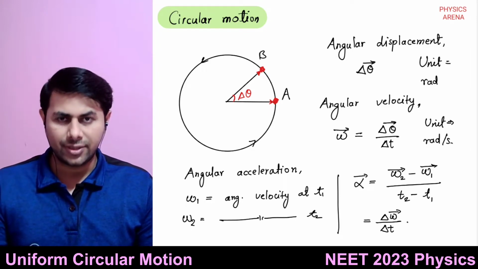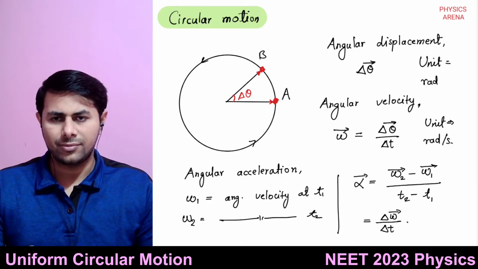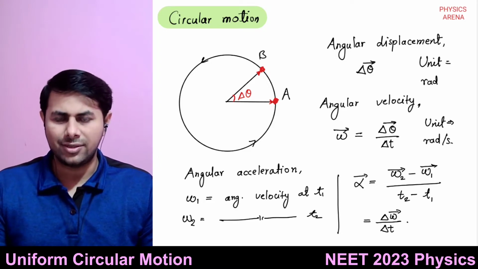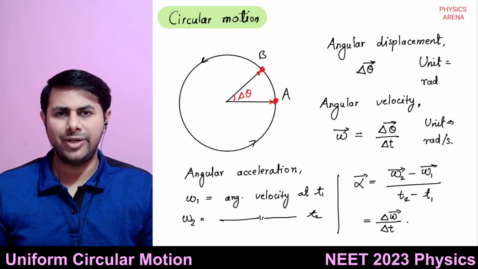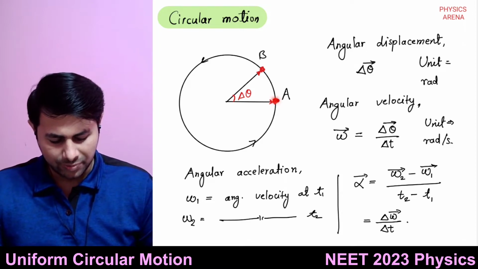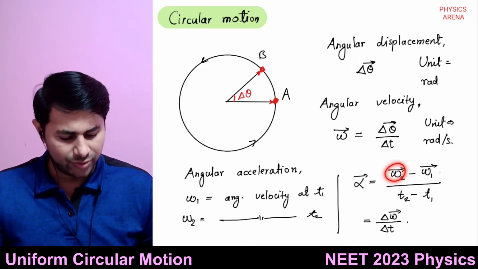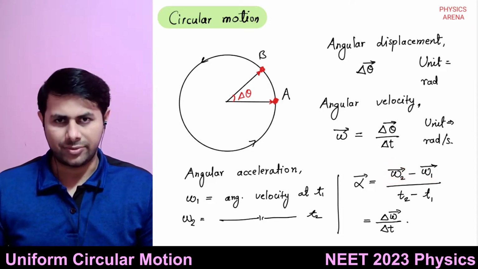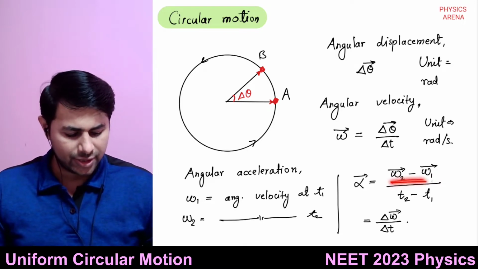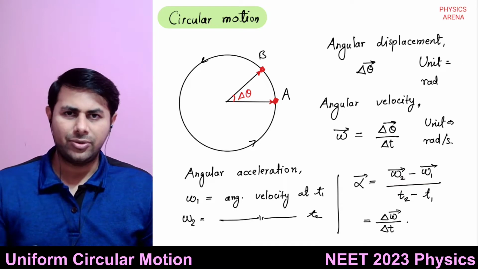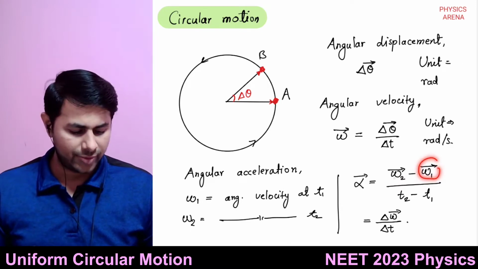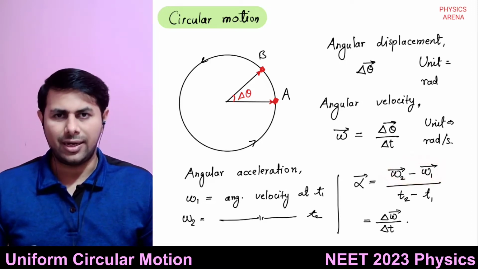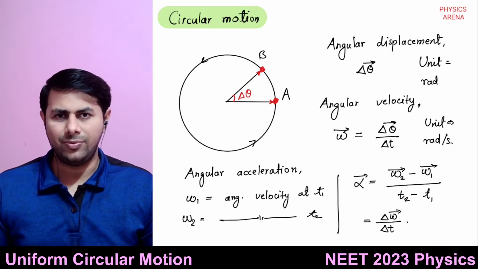And what would be its direction? What would be the direction of angular acceleration? If the object speeds up, then omega 2 will be greater than omega 1, so omega 2 minus omega 1 will be positive, and it is in the direction of omega. If it slows down, then omega 1 will be greater than omega 2, so this difference will be negative, and in that case it will be in the opposite direction of omega.